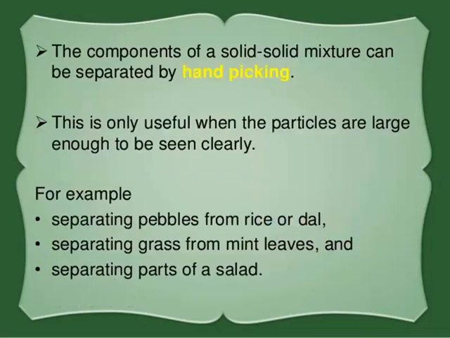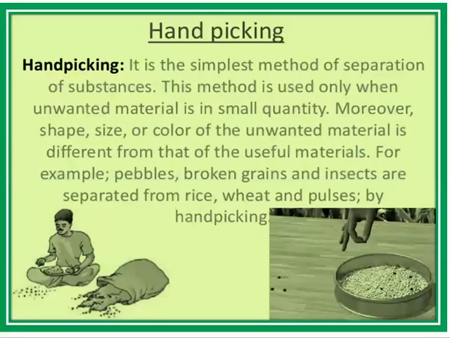The components of a solid-solid mixture can be separated by handpicking. This is only useful when the particles are large enough to be seen clearly. For example, separating pebbles from rice or dal, separating grass from mint leaves, and separating parts of a salad. It is the simplest method of separation of substances.